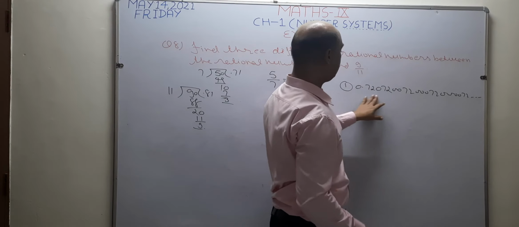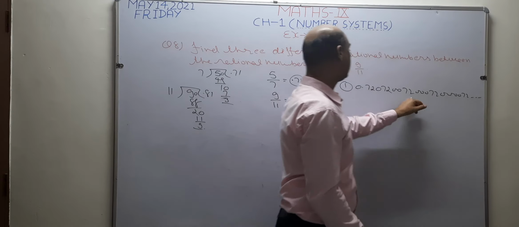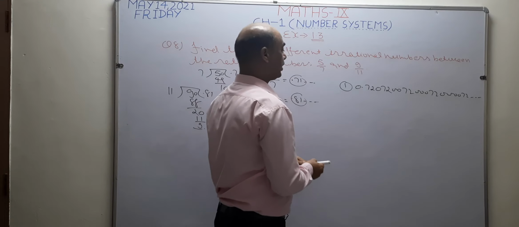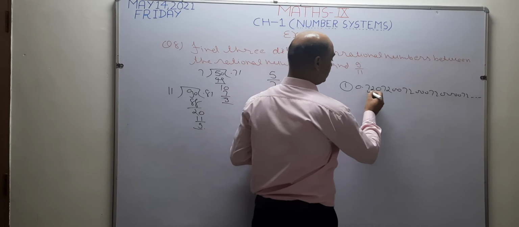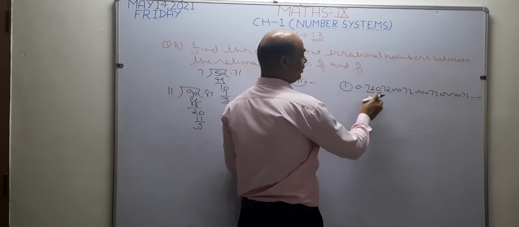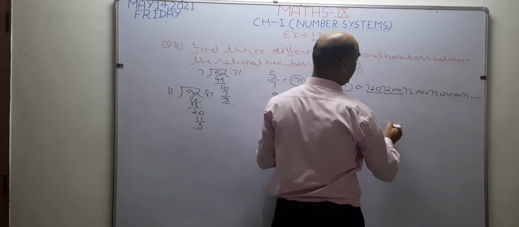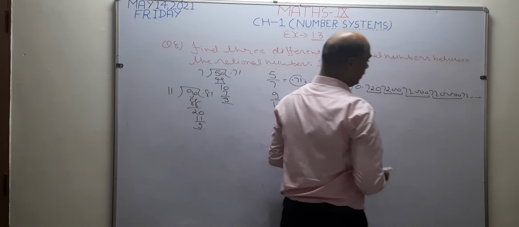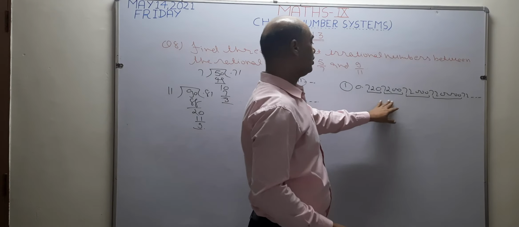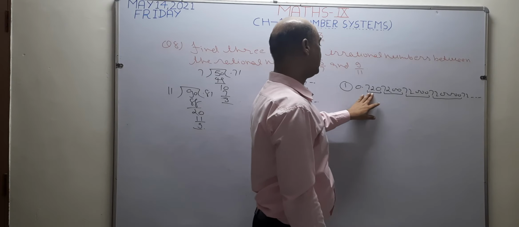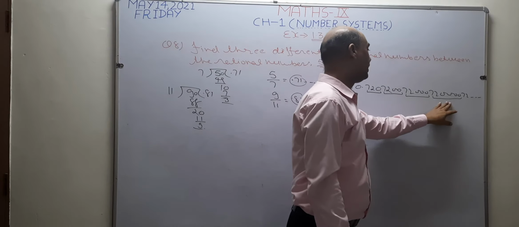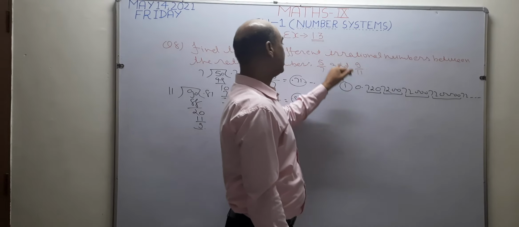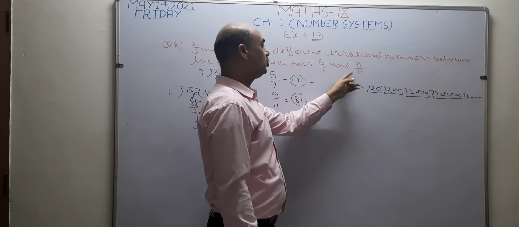Since this decimal has no end, it represents a non-terminating decimal. And I want to check the repetition part. The first time there are 3 digits, 720. After that this becomes 7200. After that this becomes 72000. After that this becomes a new number. No repetition is there. Since this decimal expansion is non-terminating, non-repeating, therefore this is known as irrational number. This is the first irrational number which lies between these two rational numbers.